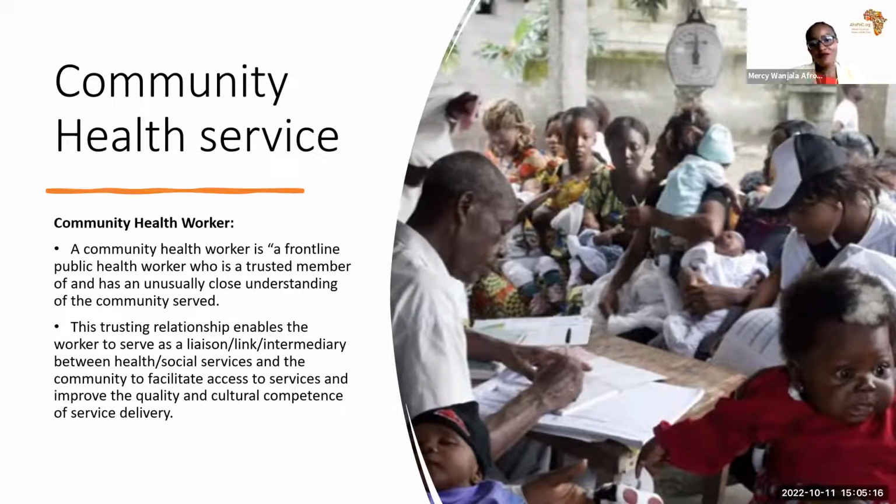Then in the issue of supervision, you have to have regular supervision with the community health workers, ensuring that they stay within the bounds within which they have been trained. For example, if depending on your policy framework, your community health workers are not allowed to be giving vaccines or giving medication, then you have to ensure that that is not happening. So close supervision is very important.